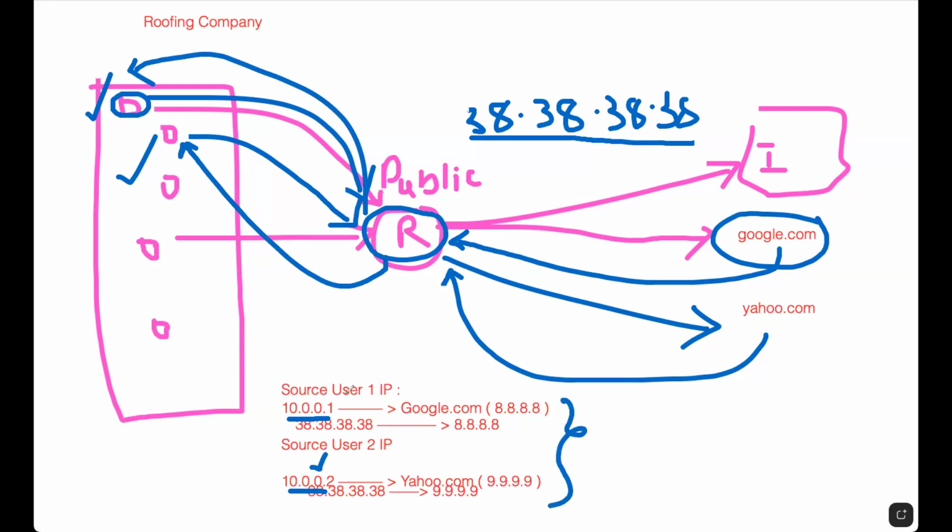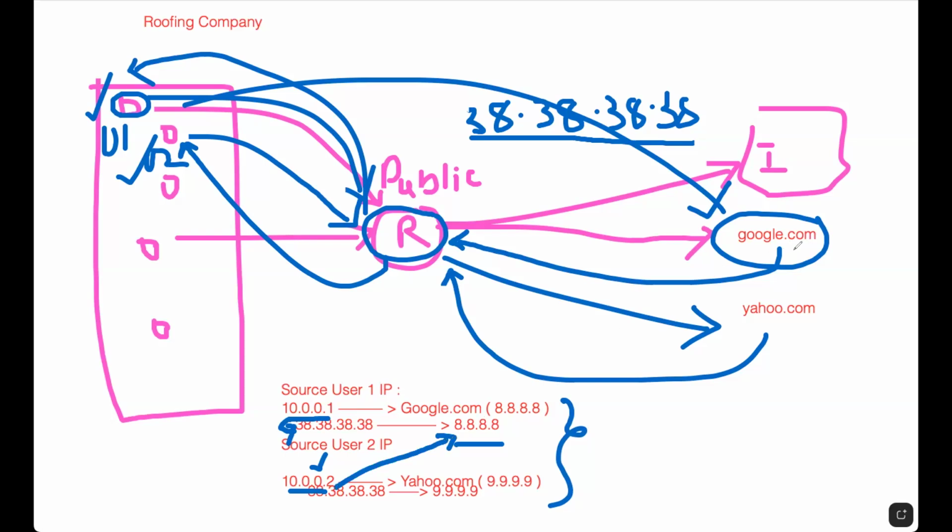But what happens when user 1 and user 2 both try to go to google.com? User 1 is translated to 38.38.38.38 to this destination, and user 2, 10.0.0.2, will be translated to the same destination.